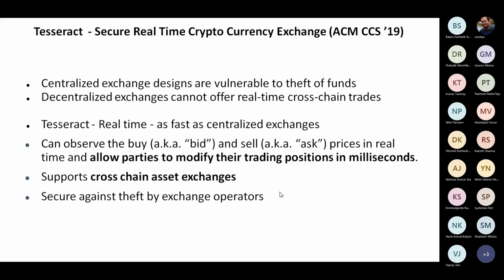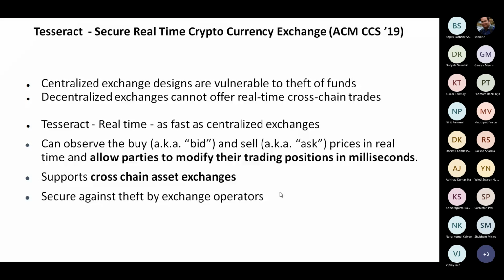And similarly for these cryptocurrency centralized exchanges, they also support such real-time monitoring of what your different bids are and what others are willing to sell.